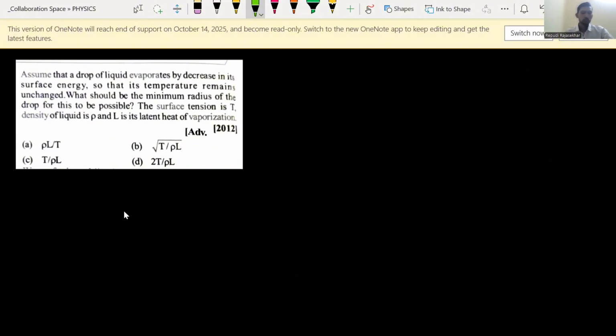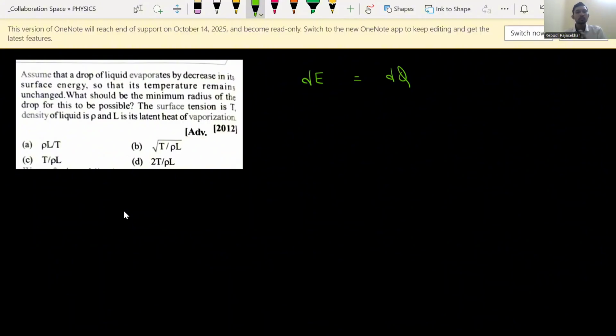So in here also, in the fluids chapter we have discussed surface energy. So the general equation here: surface energy is changing, right? How much energy is required for the evaporation purpose, that is supplied by nothing but the change in surface energy. So here we have to take the equation as dE equals dQ.